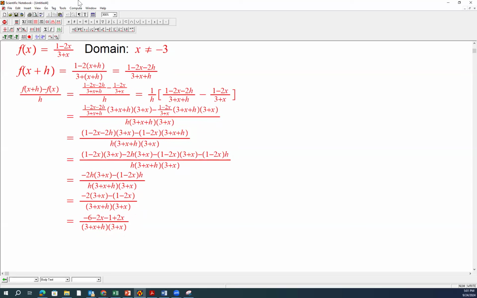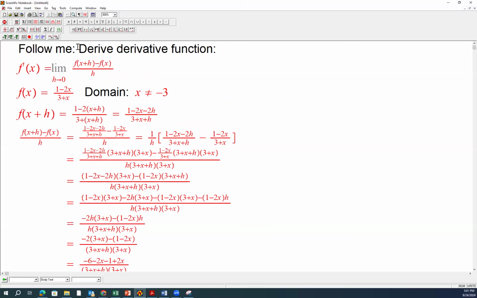Reduce more. So 2x minus 2x cancels. Negative 6 minus 1 is negative 7. Now we can take the limit, because this time when we replace h by 0, it will not produce a 0 denominator.